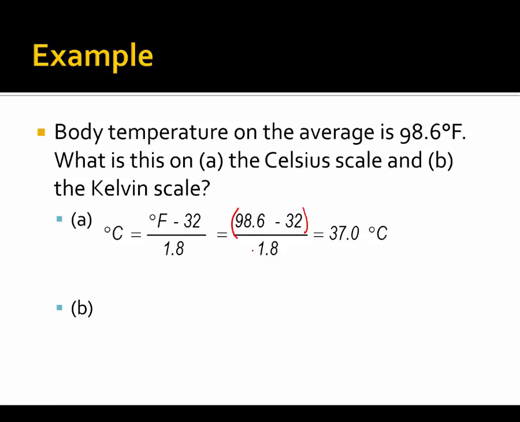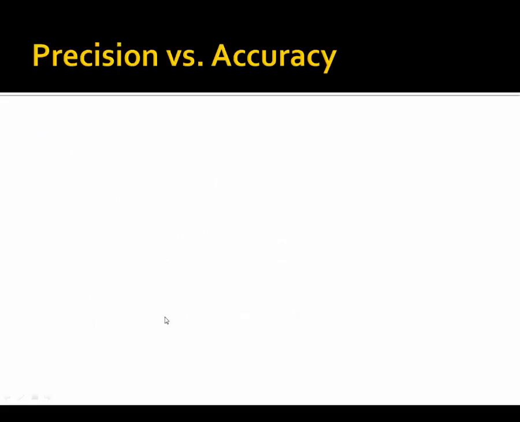Subtract the top part and then divide. And then you should come out with 37 degrees Celsius. And convert that to Kelvin. Plug in 37 degrees Celsius and add 273 to get 310 Kelvin. Remember, you have to find Celsius first before you can convert to Kelvin, because there is only one formula to convert to Kelvin, and that is from Celsius.